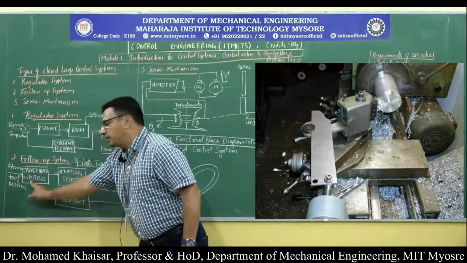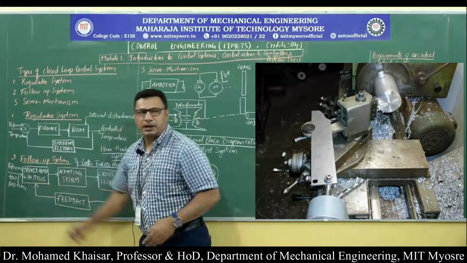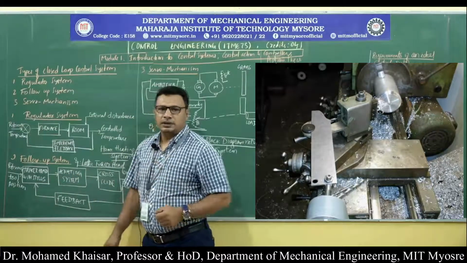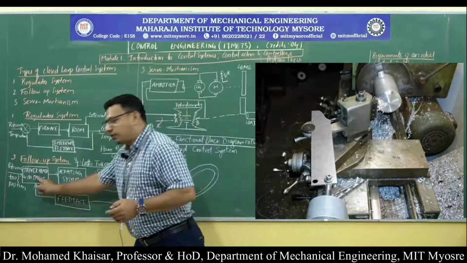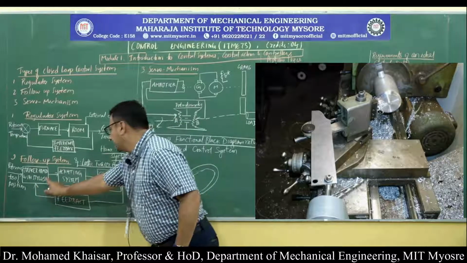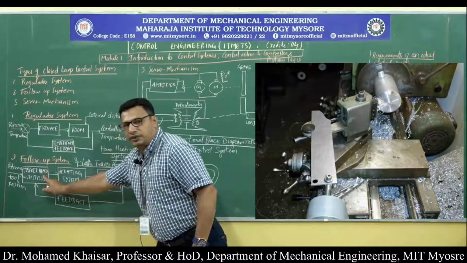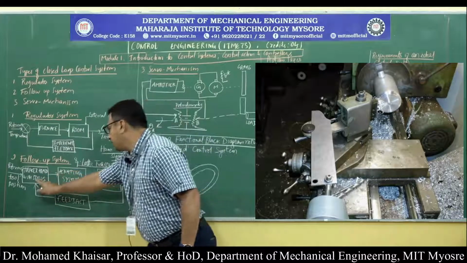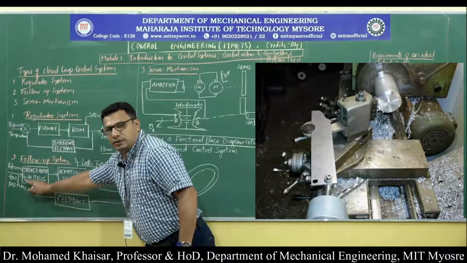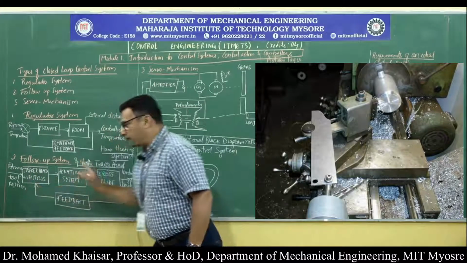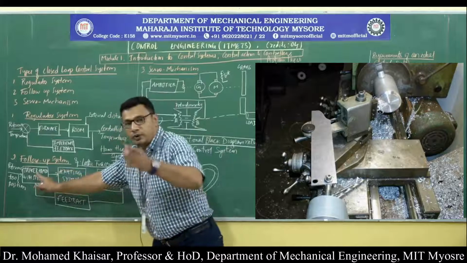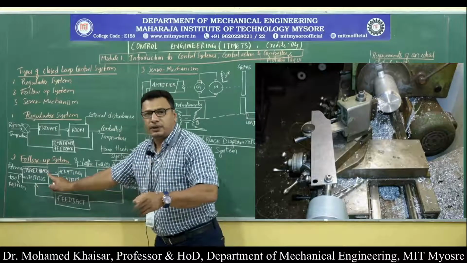Then the tracer head with the stylus will have been attached to the tool slide, and once you start the machine, the cutting tool is going to trace the tracer head profile. So the tracer head is going to control the movement of the cutting tool.